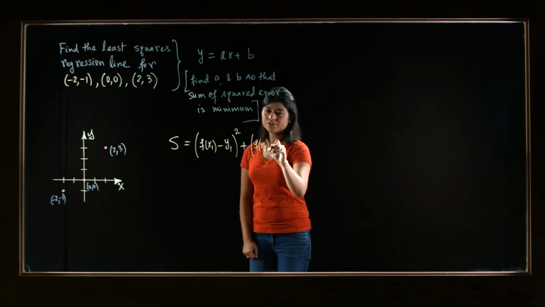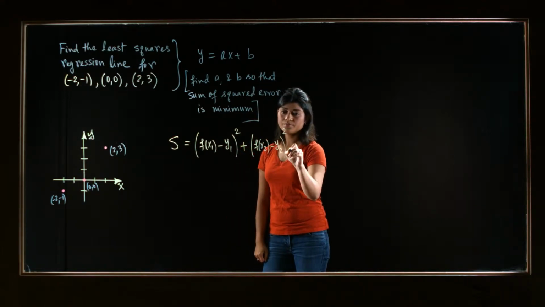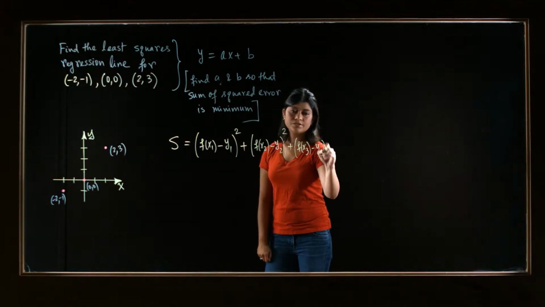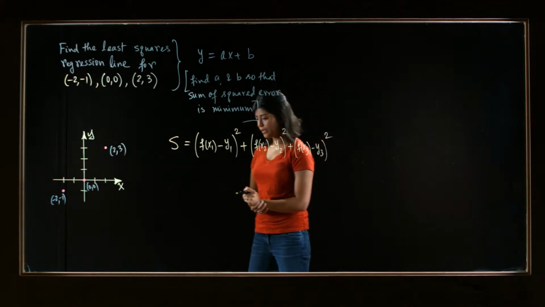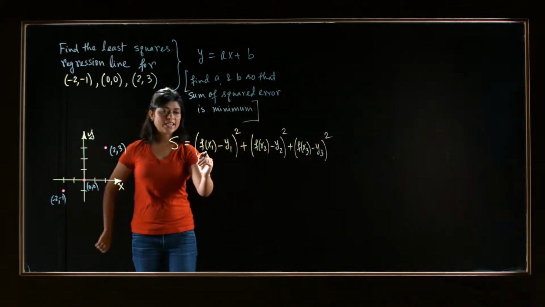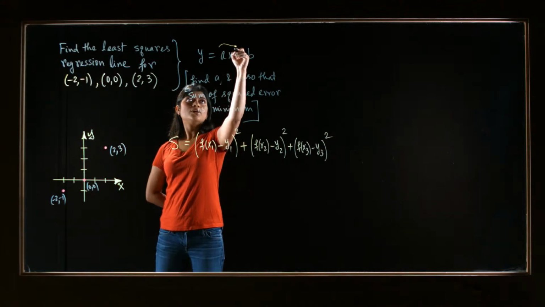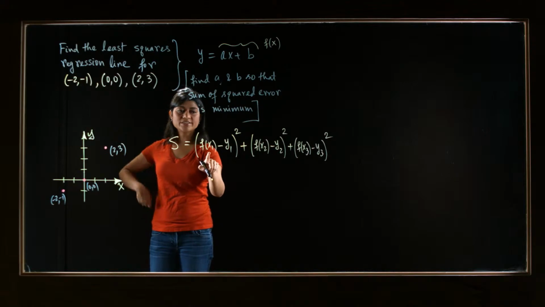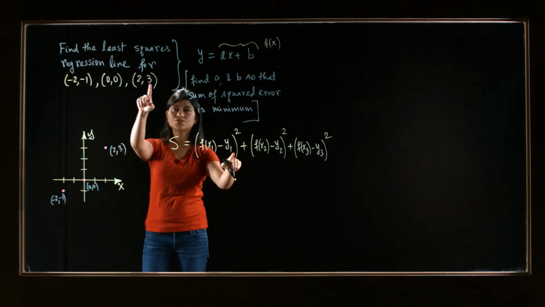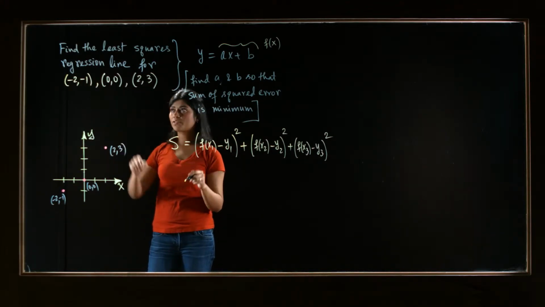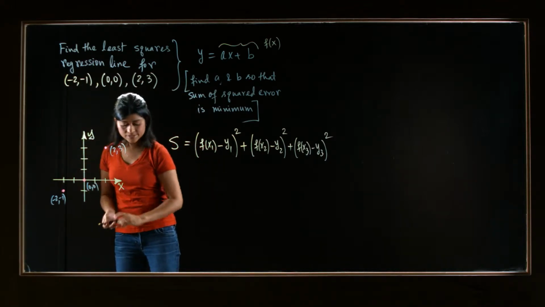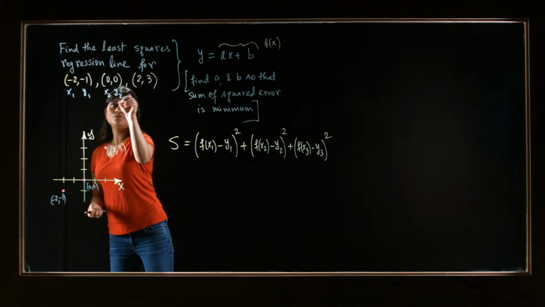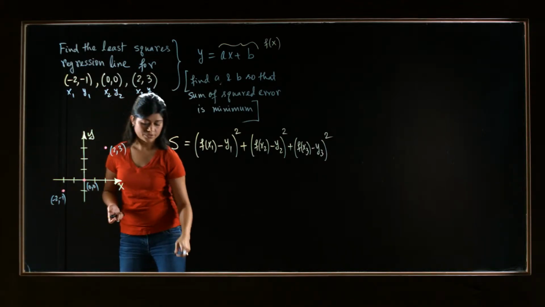So next one will be f of x2 minus y2 square, and then lastly f of x3 minus y3 square. Okay, so what is fx? Of course, our function is right here. This is our fx, right? And then these points x1, y1, x2, y2, and x3, y3, they're right here, right?